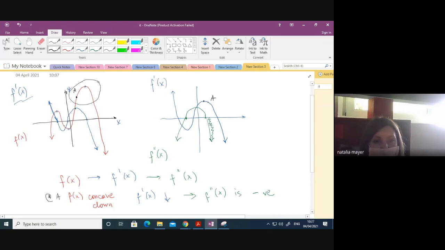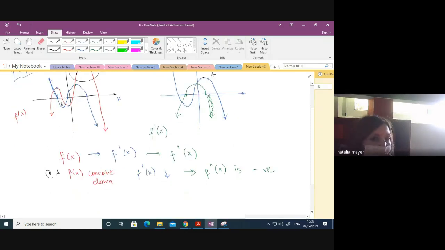You analyze the shape, not whether the original function is positive or negative. It's not our interest. So at B, tell me, is f of x concave up or concave down?